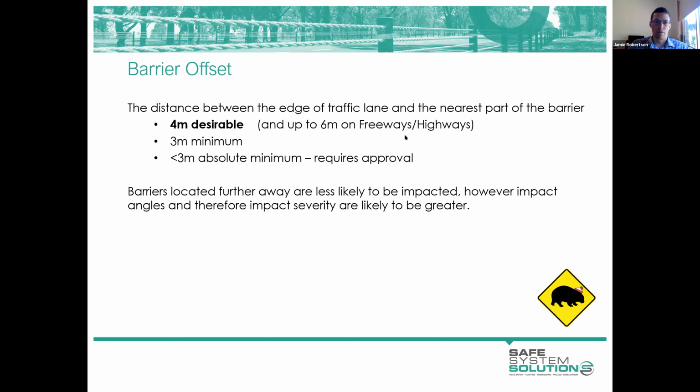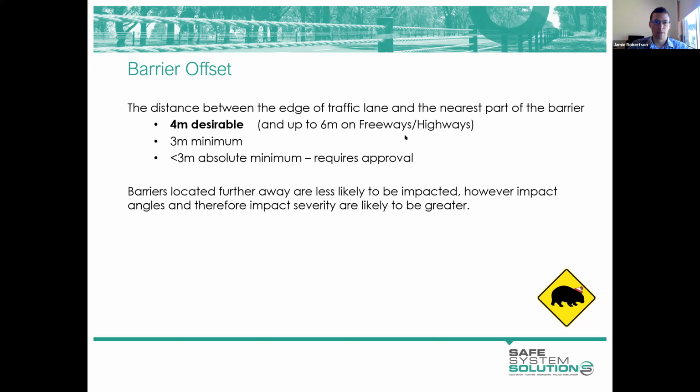So 4 metres is typical in Victoria for long lengths of continuous barrier. 3 metres is used in constrained situations, and we're talking about roads as well where there's a lot of pre-existing barrier, and a lot of that barrier was in at 3 metres.